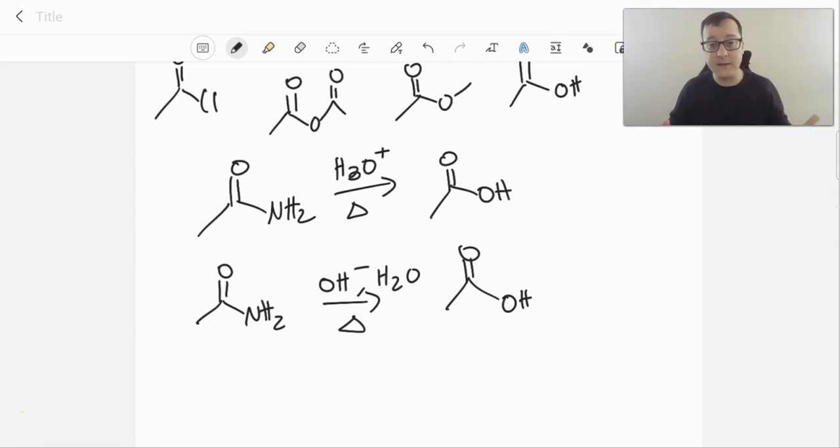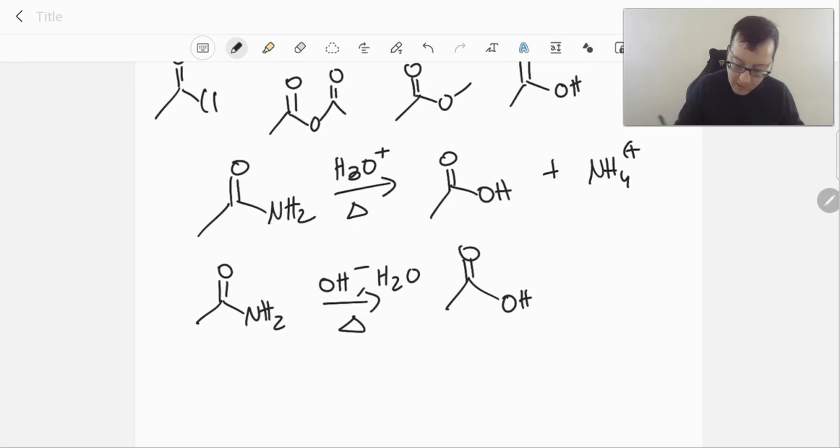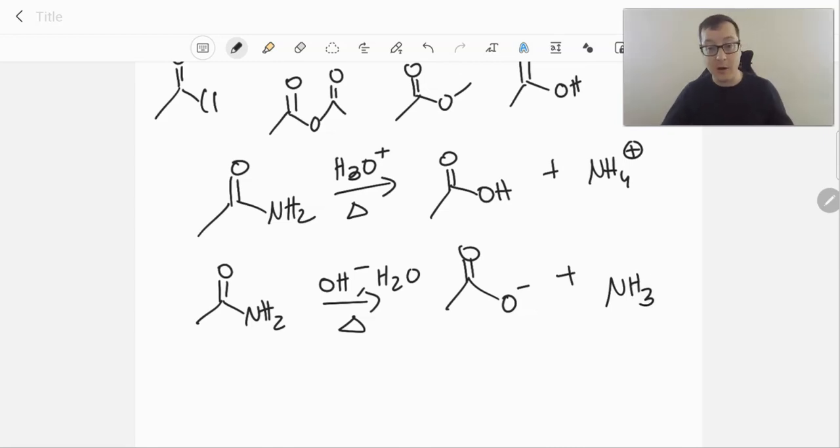And when we react these, we see that there are different byproducts. With the acidic conditions, you'll end up with your protonated amine at the end. And technically, in the basic conditions, you will end up with the deprotonated carboxylate, which then you would want to do an acid workup if you want to isolate the carboxylic acid.